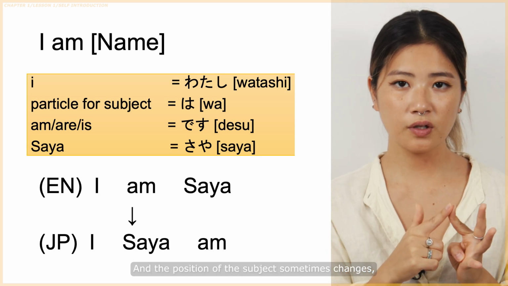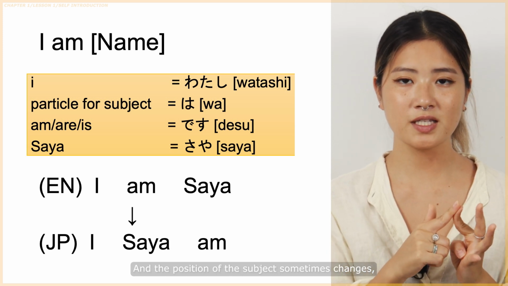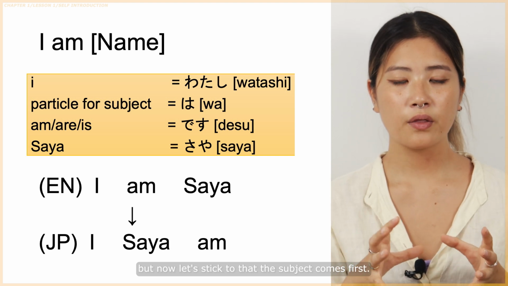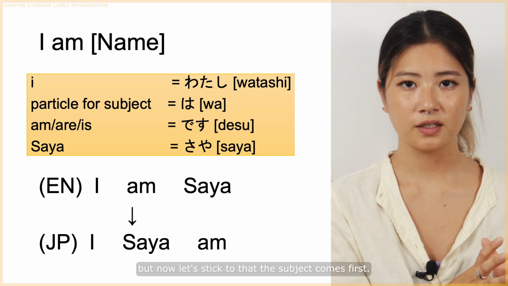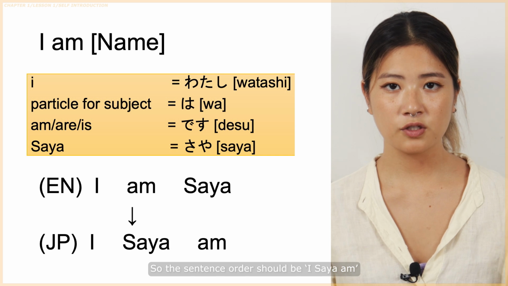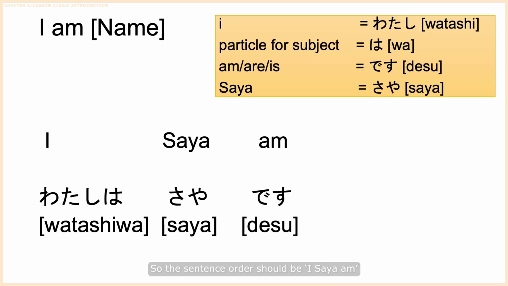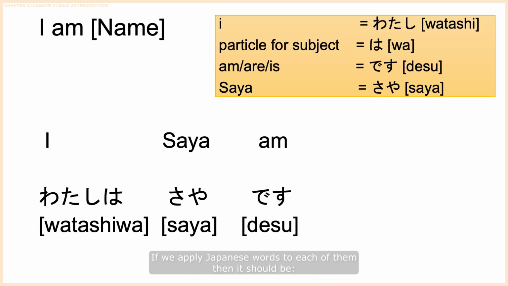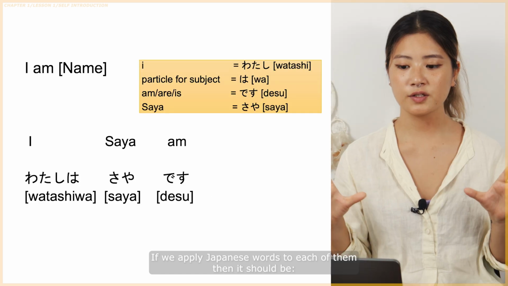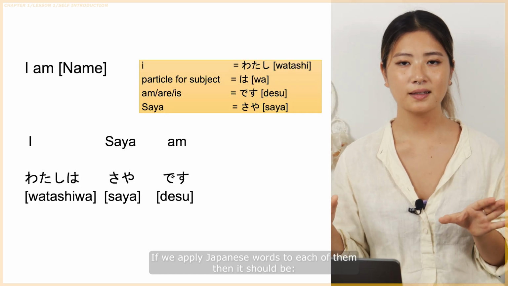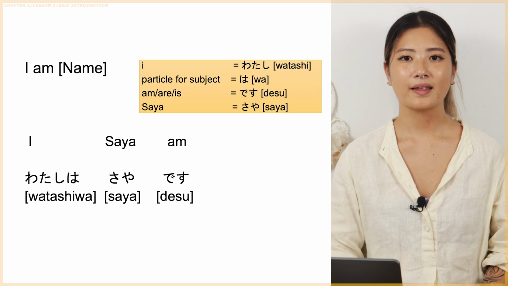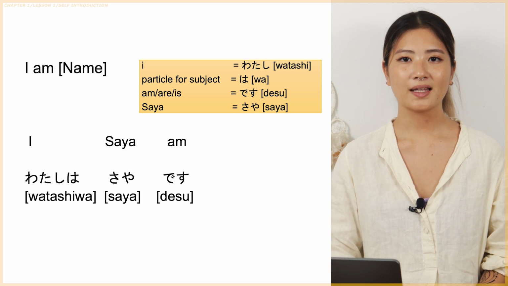The position of the subject sometimes changes, but for now let's stick to the subject coming first. So the sentence order should be "I, Saya, am." If we apply Japanese words to each of them, then it should be watashi wa Saya desu. "I am Saya." Watashi wa Saya desu.